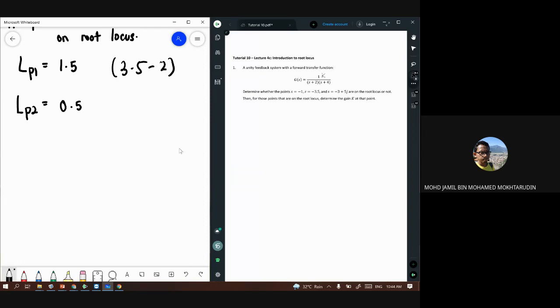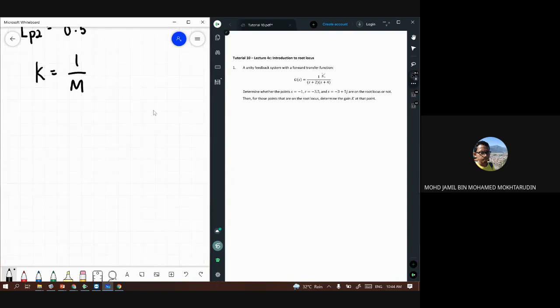Then we need to determine the gain K. So again, K equals 1 over M. M equals the product of the zero lengths divided by the product of the pole lengths. There is no zero length, so it is 1. And then we have LP1 times LP2. Okay, this one I'm not sure.